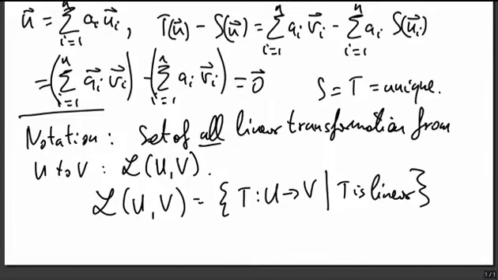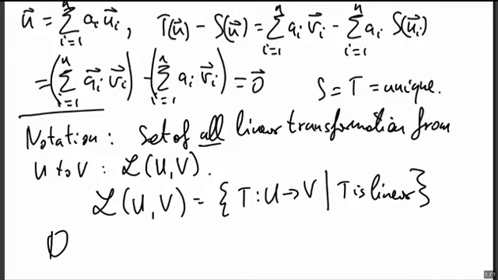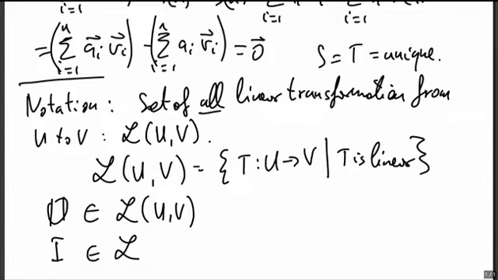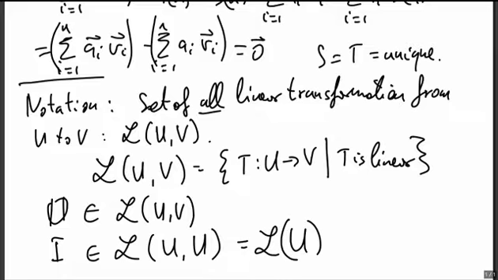What we saw before is, for example, that the zero mapping is a linear transformation between arbitrary two vector spaces. The identity is a linear transformation from the space U into itself. Actually, the notation for that is just 1 U, if you want to shorten the notation. There is no reason to duplicate that.